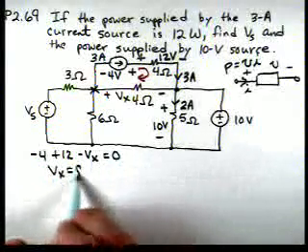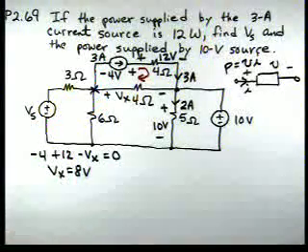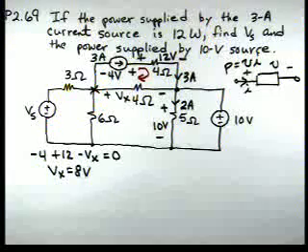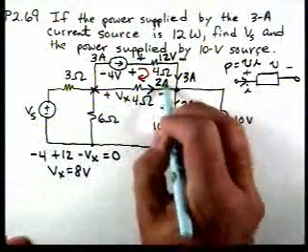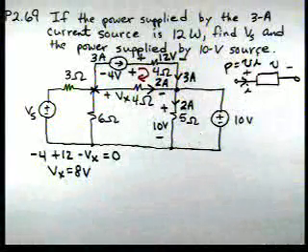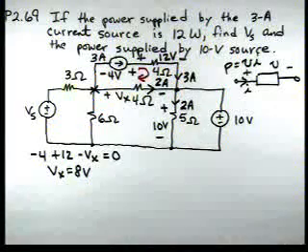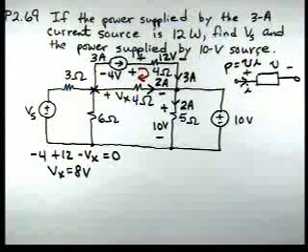Therefore, Vx equals 8 volts with the polarity shown. We just used Kirchhoff's voltage law to get that. Now, by Ohm's law, we know that current is 2 amps. So here we're just systematically applying Kirchhoff's voltage law, Kirchhoff's current law, and Ohm's law.